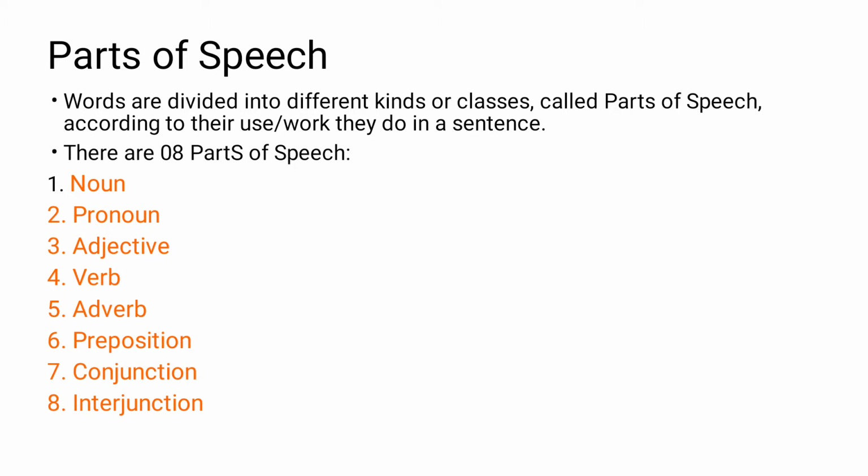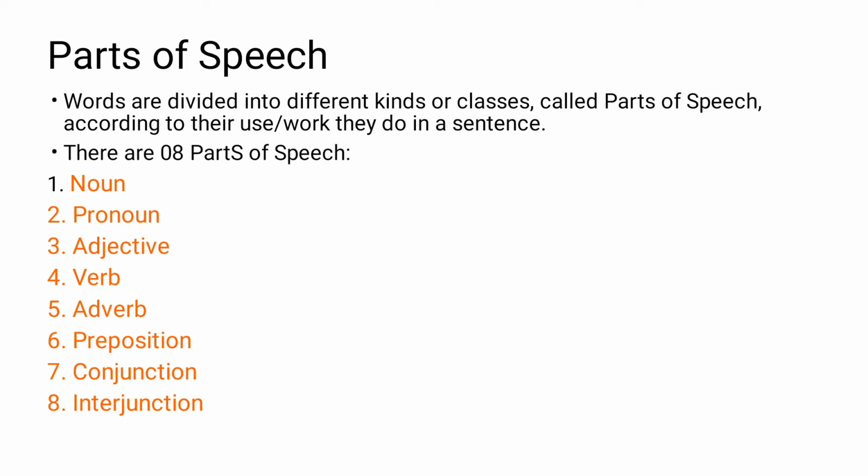Words are divided into different kinds or classes. Keep in mind, parts of speech are only words, and when they are divided into different types, kinds, or classes, they are called parts of speech. They are called so on the basis of their use or the work they do in a given sentence.